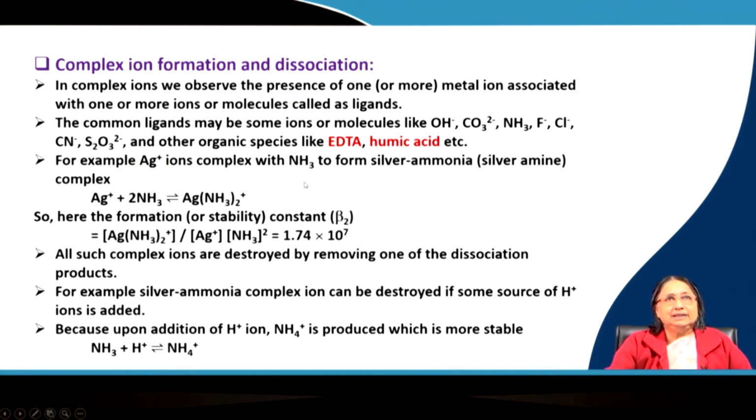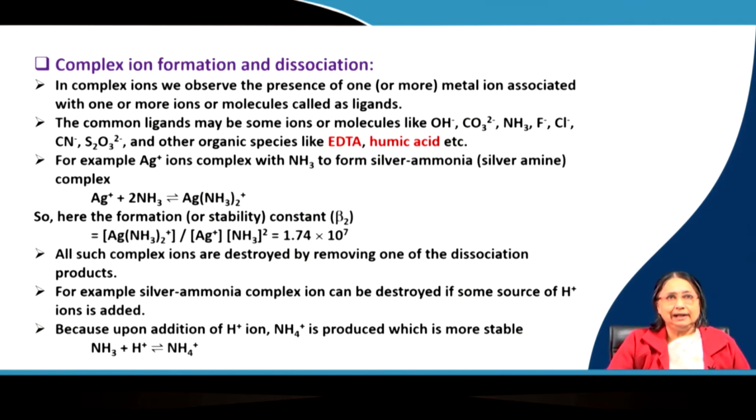In this ion we see a metal ion complexed with, or associated with, one or more ions or molecules. Here it is a molecule, but in some cases it may be an ion also.